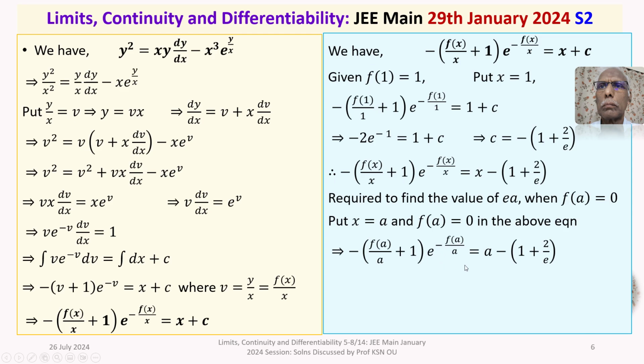So, minus 1 is equal to a minus 1 plus 2 by e in brackets. Minus 1 cancels and you will get a is equal to 2 by e and ae is equal to 2. That's what we want. So, the answer to this question is ae is 2.